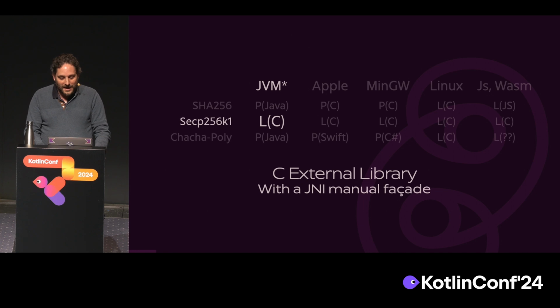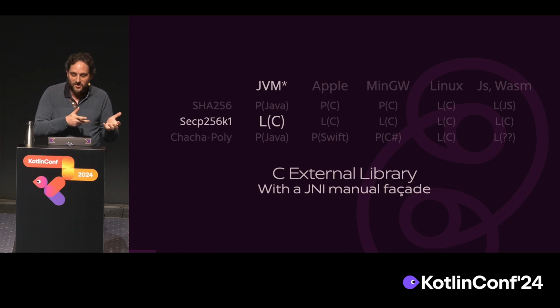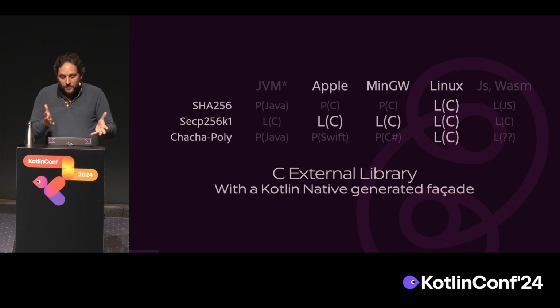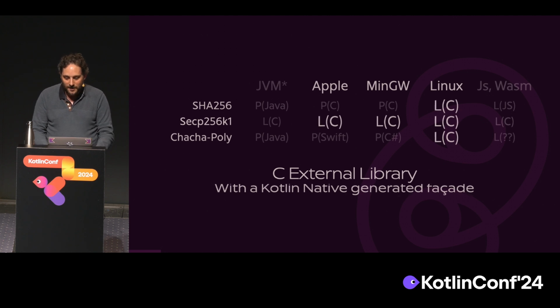We have a C external API. SecP256K1 is only provided as a C library that's been heavily audited, but we need to import it into the JVM. For that, we need JNI. For Kotlin native, we need the Kotlin native generated facade via C-interop.